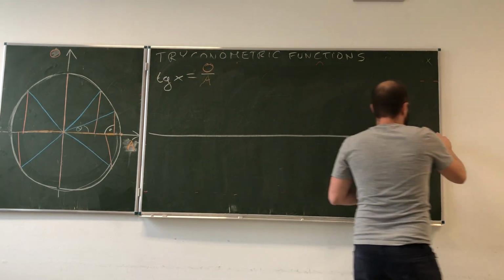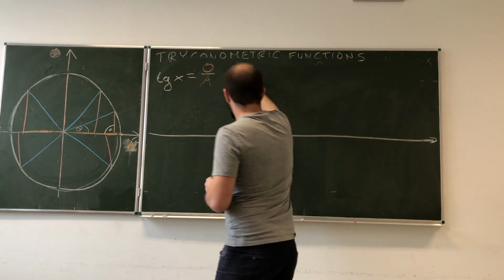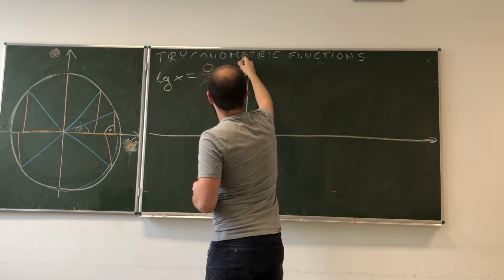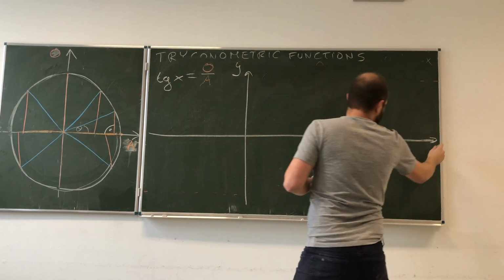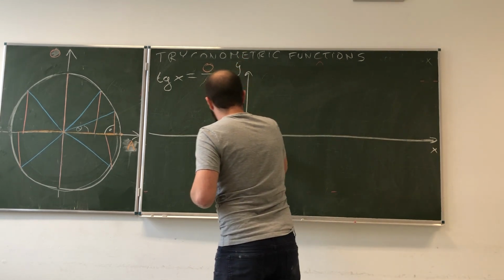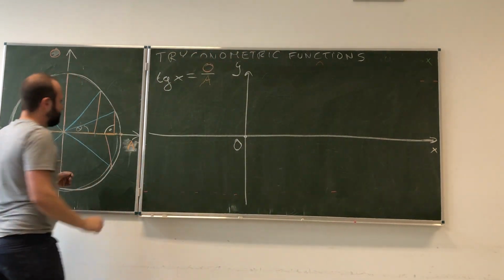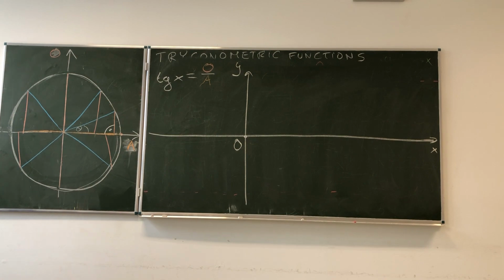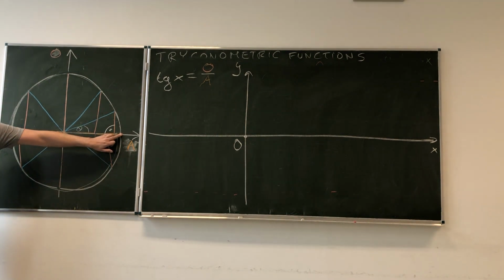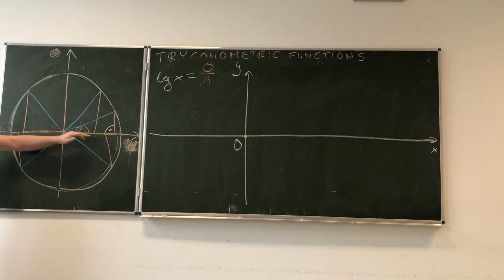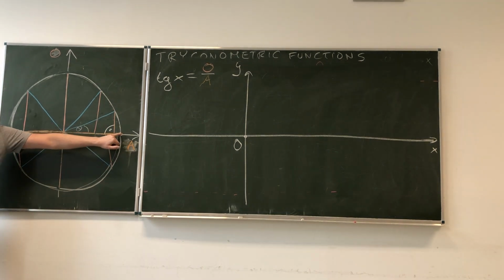Okay, so look, again we are starting here, we have y, here we have x, and we start at 0. Look, what is the value of this ratio at 0? Well, opposite is equal to 0, adjacent is equal to hypotenuse, so this is 0.